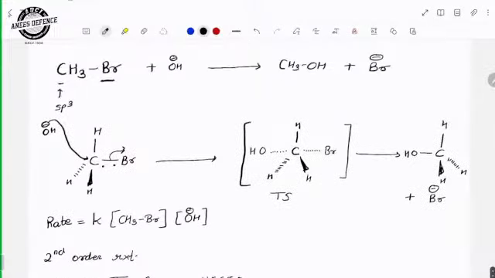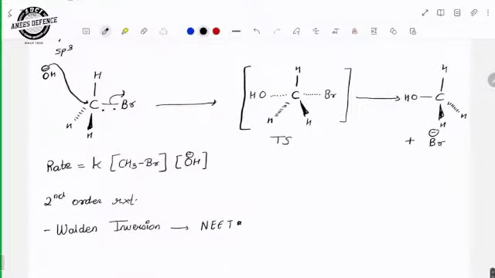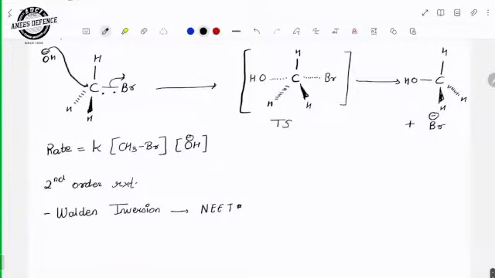Walden inversion, which means the leaving group is present on this side, but in the product the OH is present on the other side. The other part has not changed: the H is present in the plane, this H is present above the plane, and this H is present below the plane. So only the leaving group and the nucleophile position has changed. Okay, so this is Walden inversion.